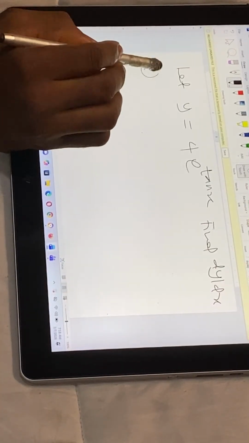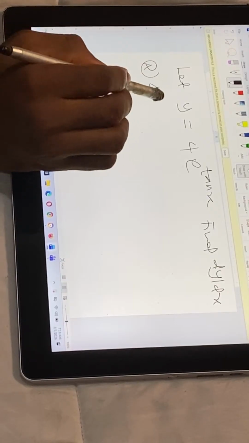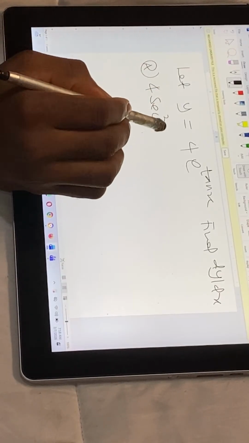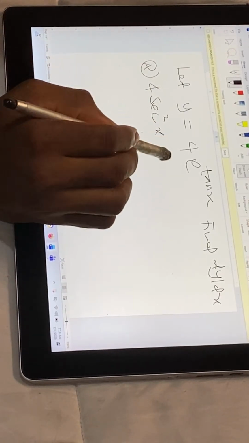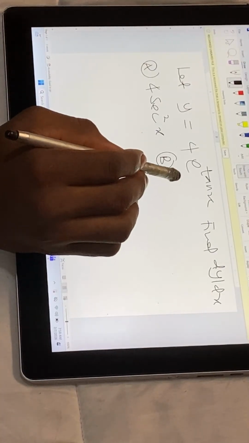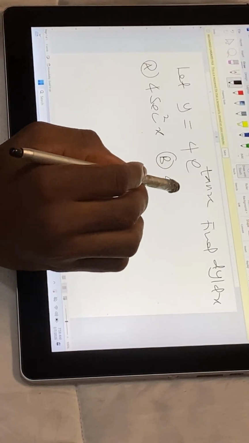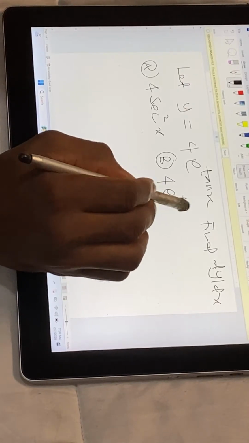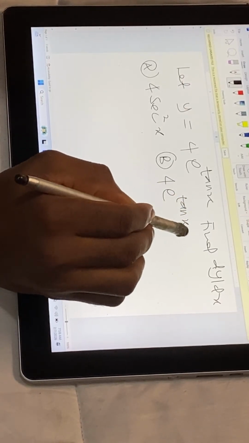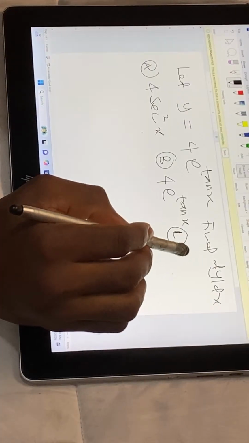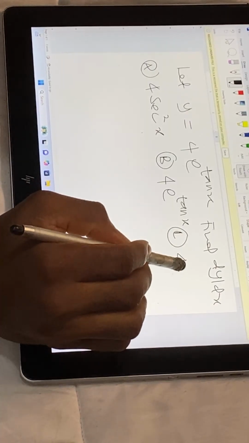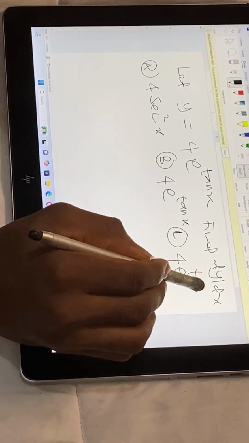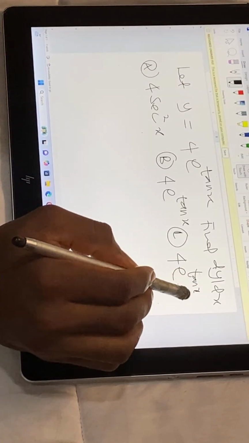A, we have 4 sec square s. B, 4 exponential tan s. C, 4 exponential tan s dot cot s.